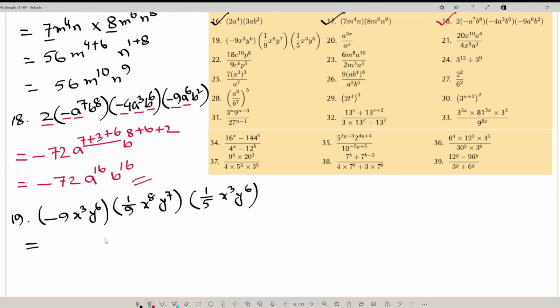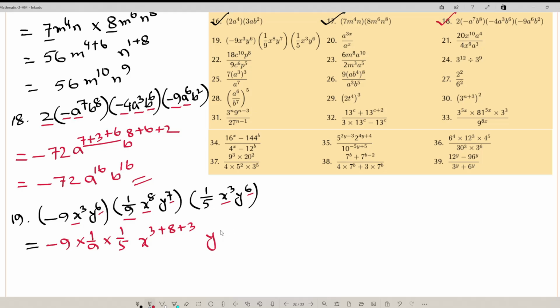Number 19, we can do another way. Here is minus, so first minus, then 9, here is times 1 by 9 times, here is 1 by 5. Constants we keep on one side. Now look, here is x to the power 3, x to the power 8, x to the power 3, right? So we can write x to the power 3 plus 8 plus 3. Now y, here is 6, here is 7, and here is 6.